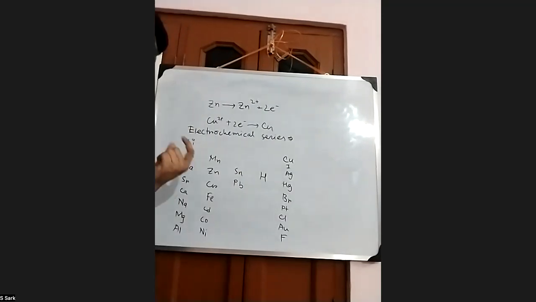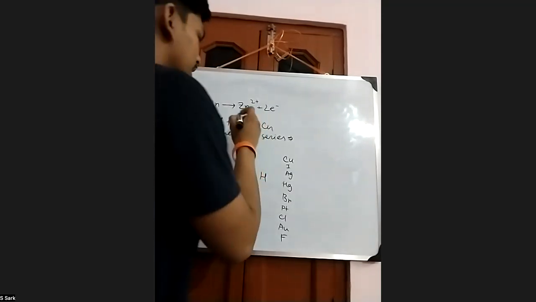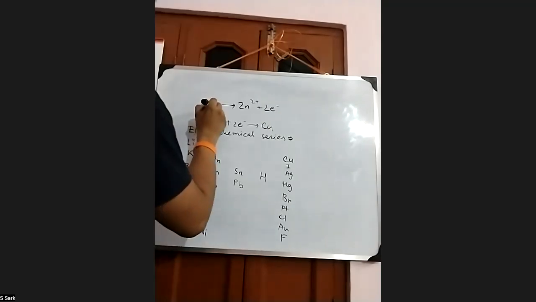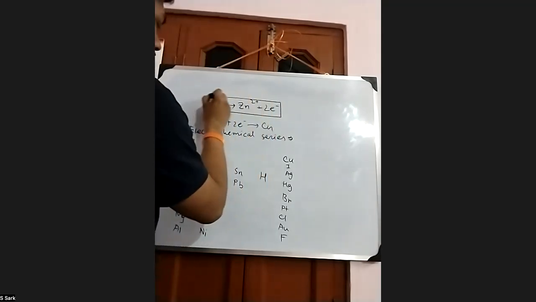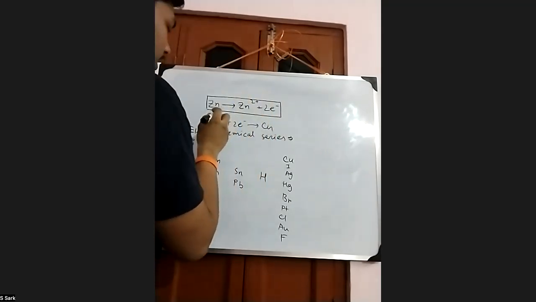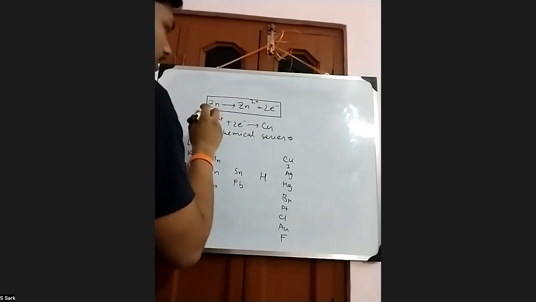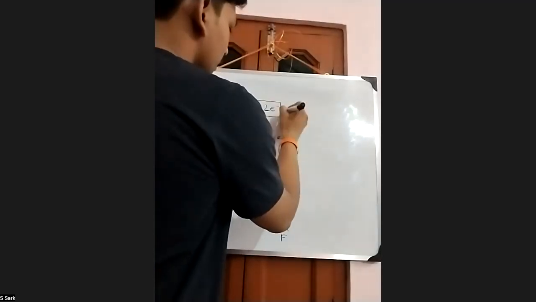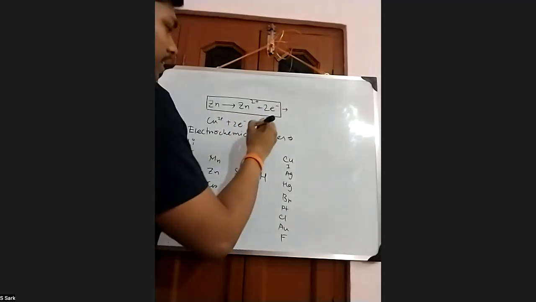In this case, where zinc is converting itself to Zn2+, the potential that emerges in the solution will be called the oxidation potential.